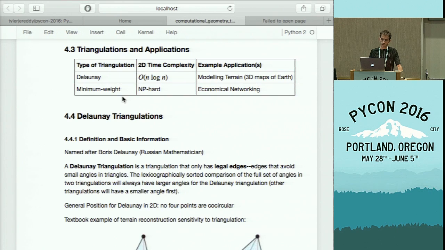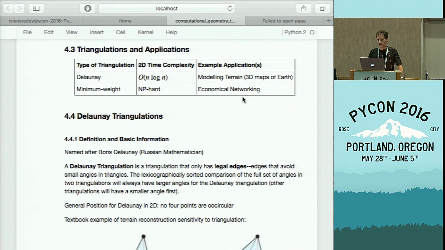There's also the minimum weight triangulation, which is unfortunately algorithmically intractable, but it would be really useful. I think there are certain strategies for getting really close to the solution. The basic idea is to generate a triangulation where the sum of the lengths of all of the edges in that triangulation is minimized.